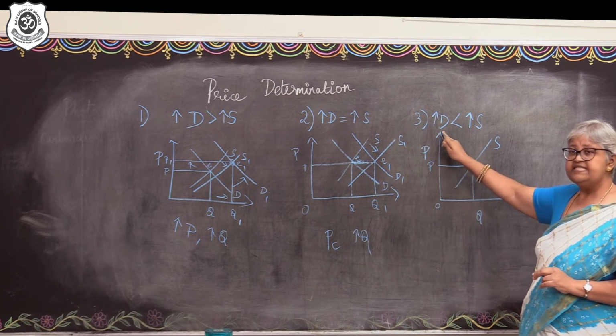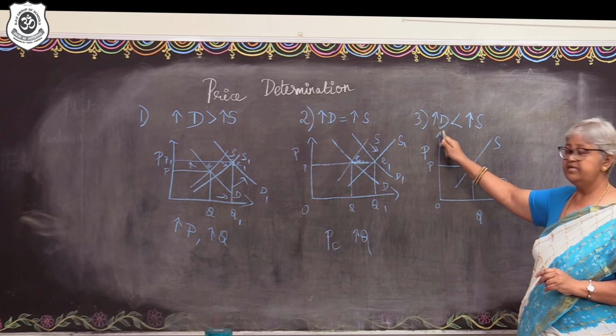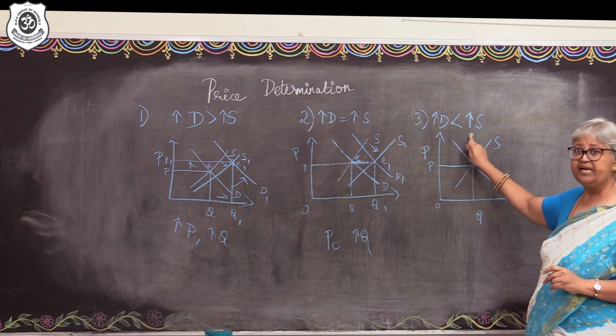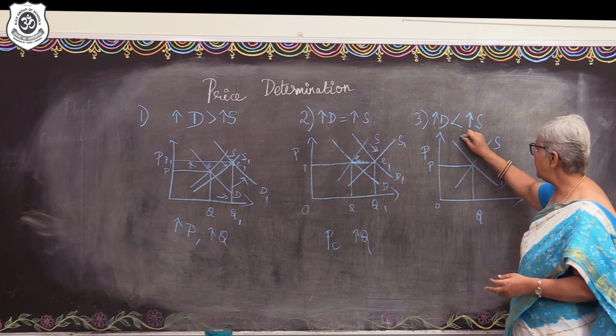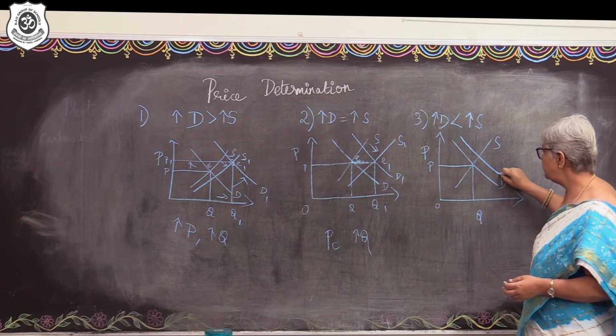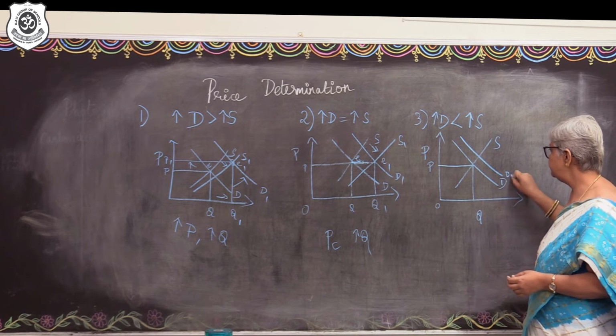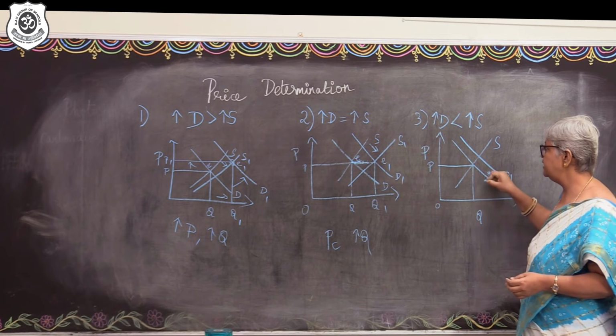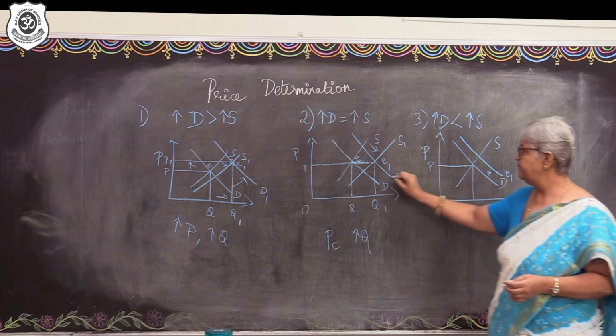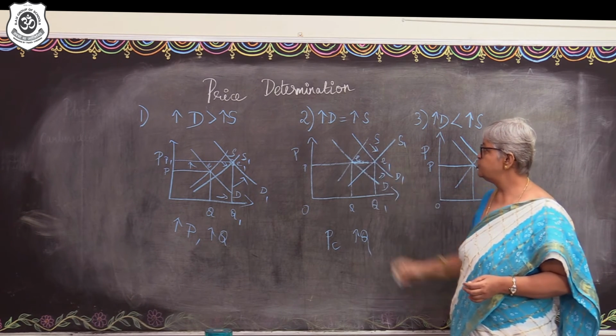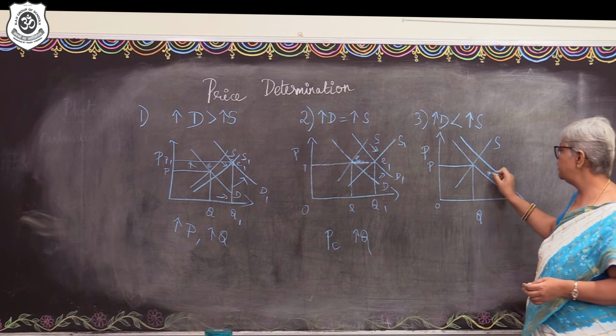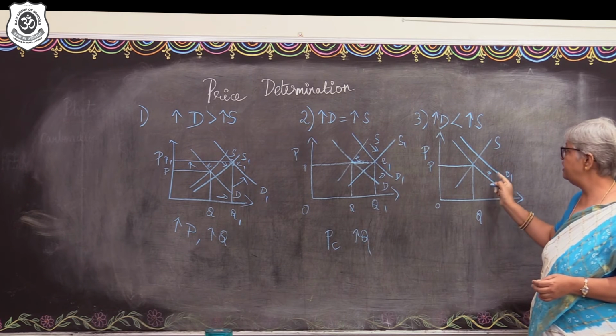Now, increase in demand is going to be lesser than the increase in the supply. So, ensure that the gap between the original demand curve and the new demand curve is much smaller. Again, look at the arrow marks. Every time, ensure that you show the arrow mark, rightward shift from D to D1.